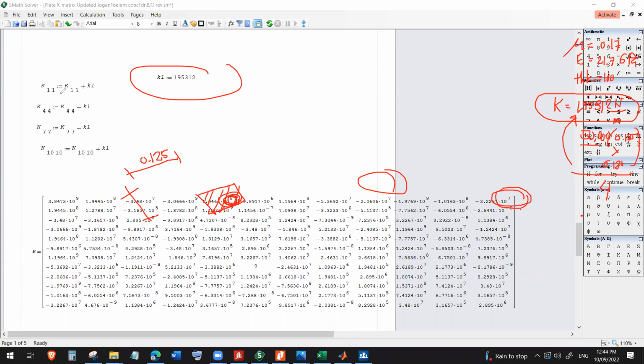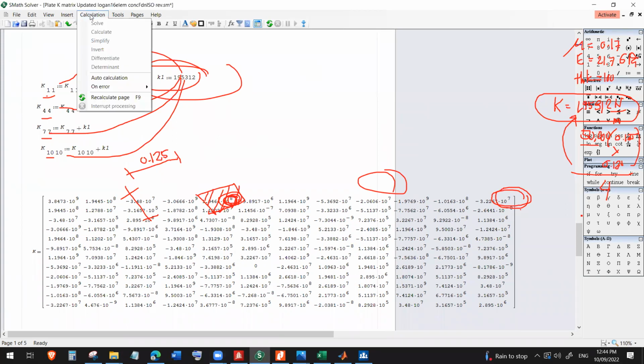Again, I already explained these addresses from the original stiffness matrix, because they correspond to the vertical displacement or stiffness of our plate. So we're going to add this to each vertical stiffness. So let's calculate.